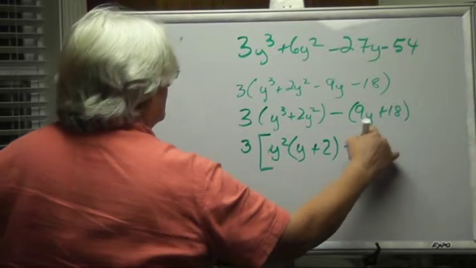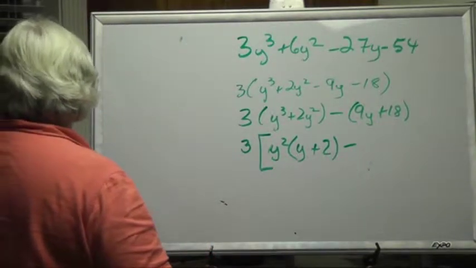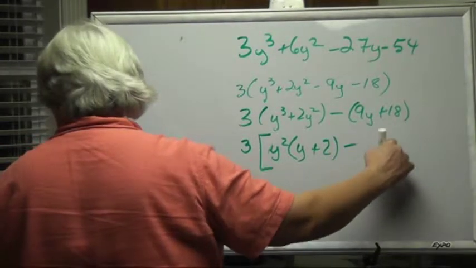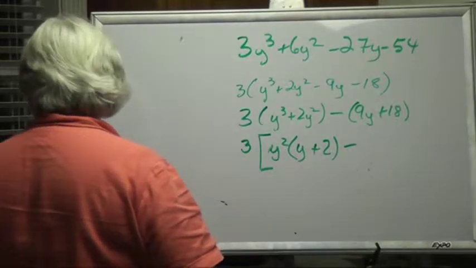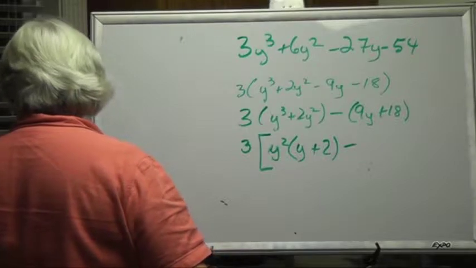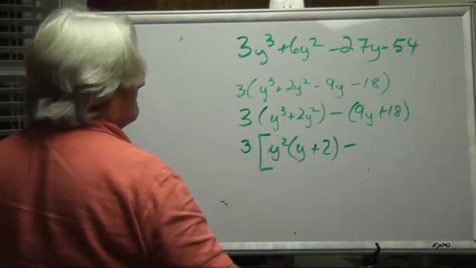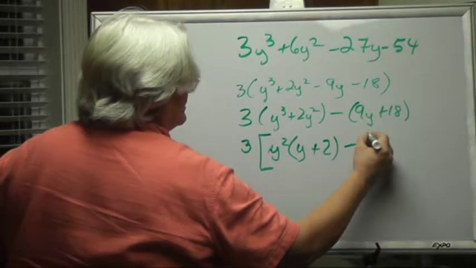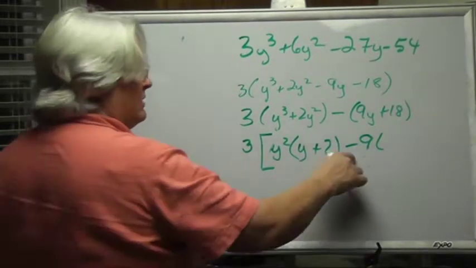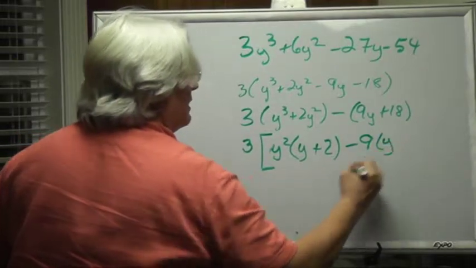Now, what factor do we have in common here? We have a factor of 9, don't we? Okay. We pull out this factor of 9. What do you have remaining? 9 times what gives us 9y? 9 times y.